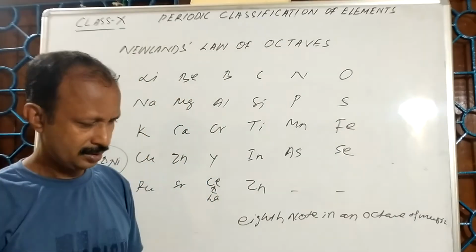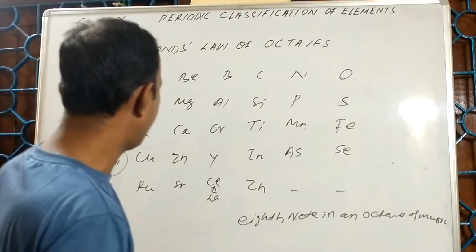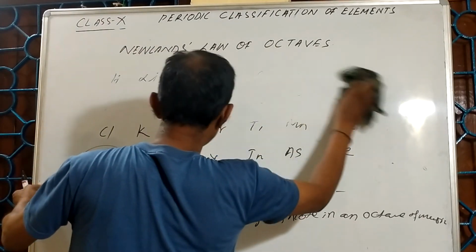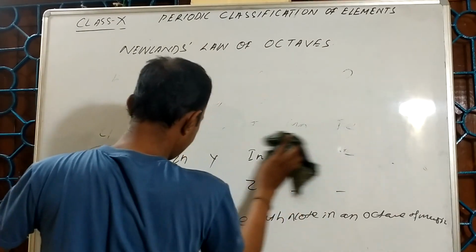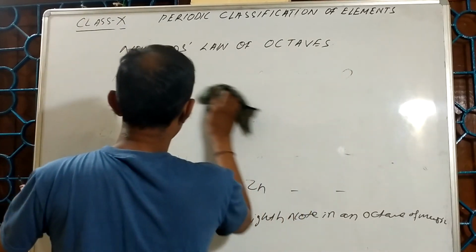But Newlands was the first scientist who proved that there is a systematic relationship between the atomic masses and their physical and chemical properties.